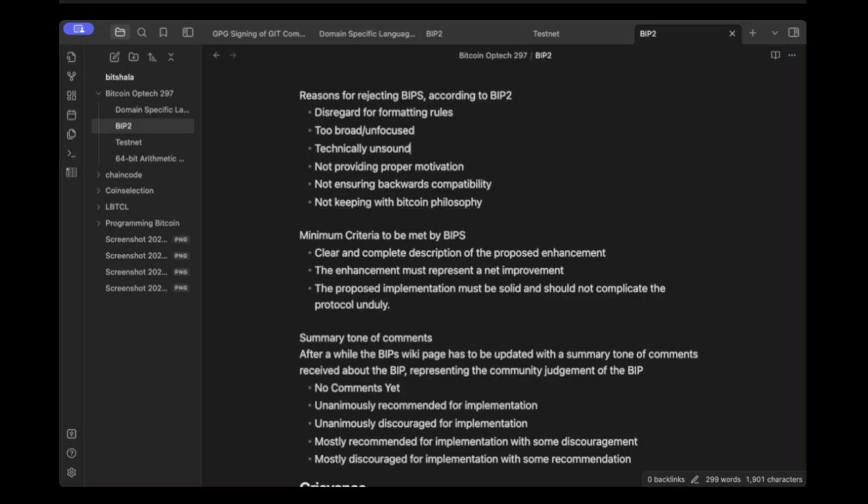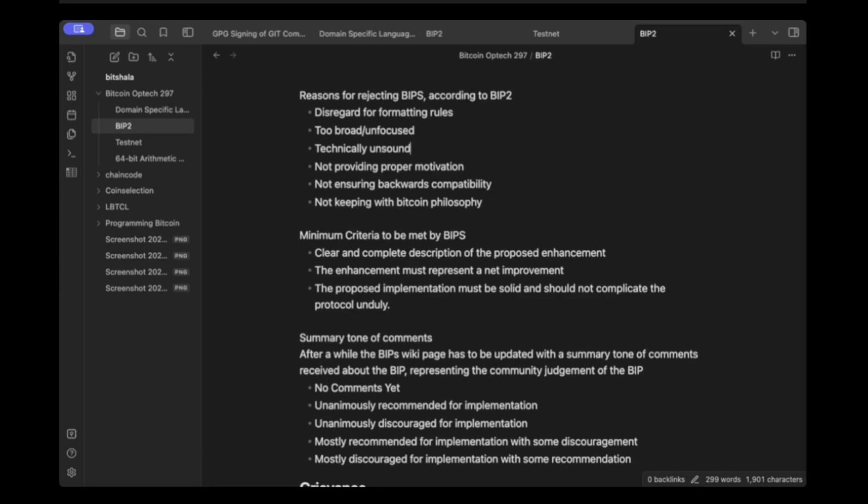He primarily focused on certain issues, like what are all the reasons for rejecting a BIP currently. These are all listed in BIP 2. If your BIP breaks formatting rules, that is good enough to reject. If your BIP is too broad and unfocused, it can be rejected. If it is really unsound, it can be rejected.